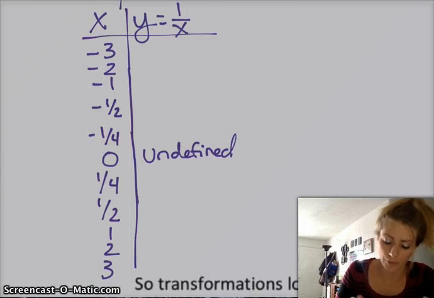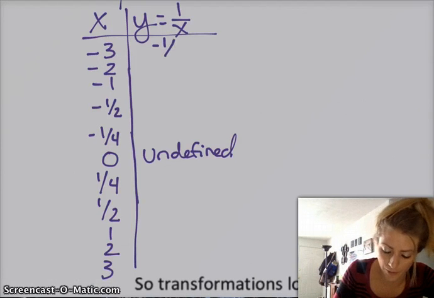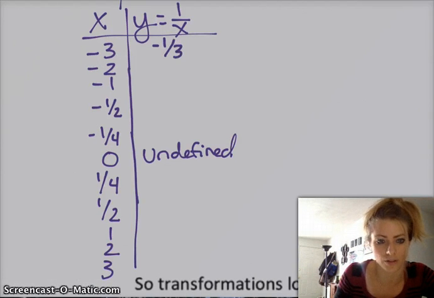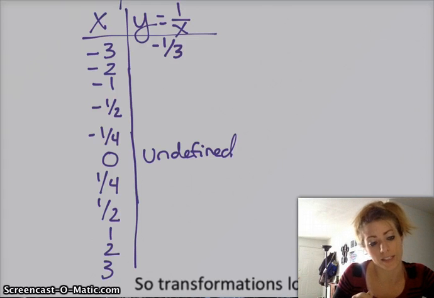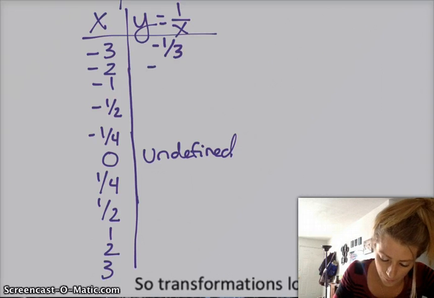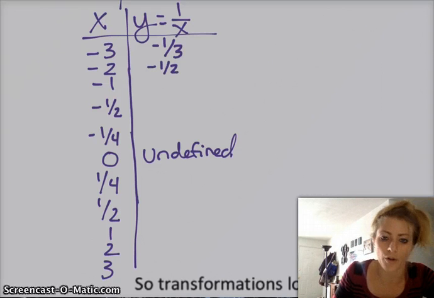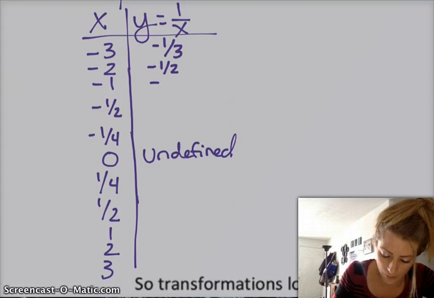So when x is -3, y is 1 over -3, which is the same as -1/3. When x is -2, I have 1 over -2, which is the same as -1/2. 1 over -1, that's -1.